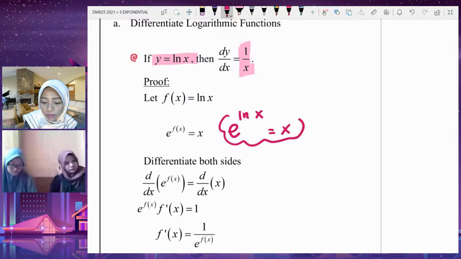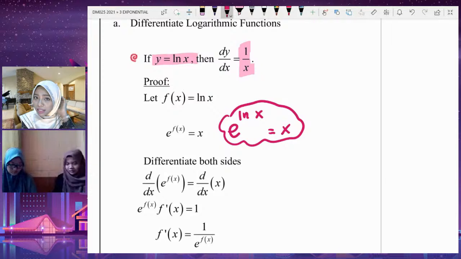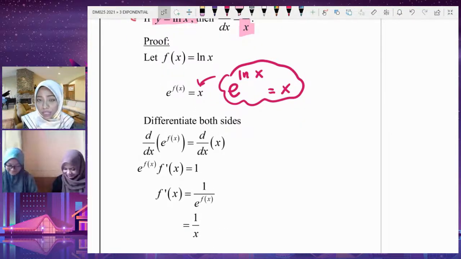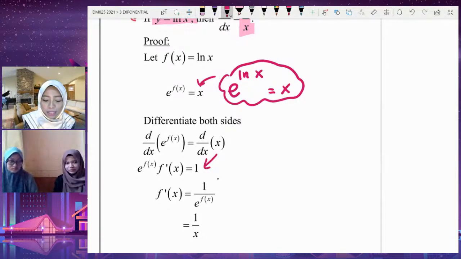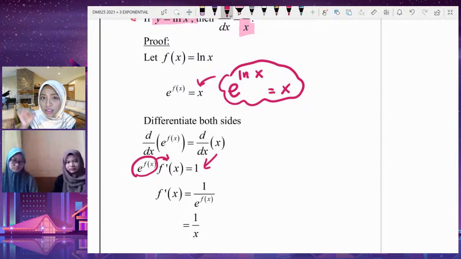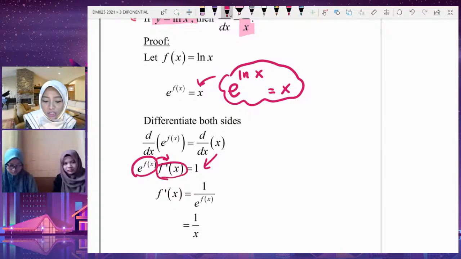This is another property, in order for you to understand why it is so. Maybe you can accept it with an open heart: e to the power of f(x) is equivalent to x. Then when you differentiate both sides, the exponent and x, you get 1 for x. The derivative of e to the power of f(x) is e to the power of f(x) multiplied by the differentiation of the function, as we learned previously.